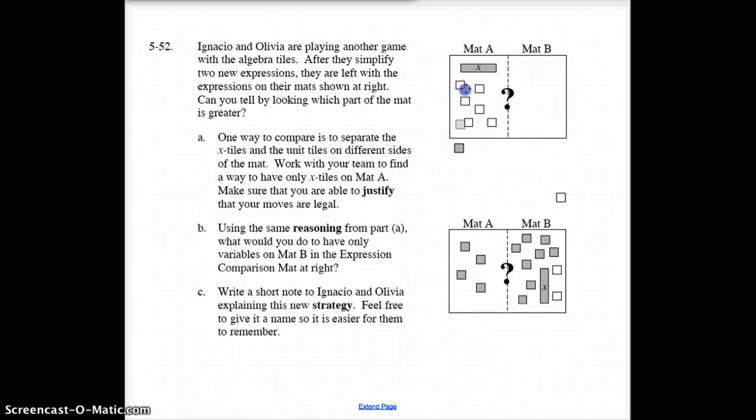So in order to get these to cancel, I need to move up here, and I need to put in a positive negative there, positive negative here, positive negative here, positive negative here, positive and negative here, and positive negative there. You might notice I added 1, 2, 3, 4, 5, 6 positives to mat A to get those to cancel.